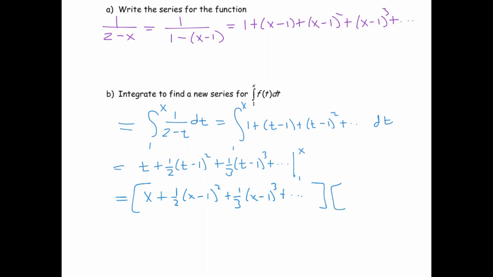When you plug in 1, everything goes away. Don't forget the minus from the fundamental theorem. Everything goes away except that you have a 1 at the beginning, right? It would be 1 plus and then a bunch of zeros. And so in the end, you can sort of see why this is happening. This first term, how is it different than the other ones?